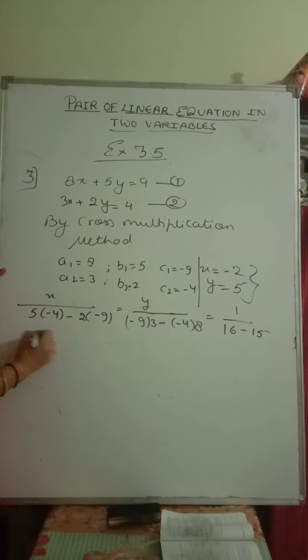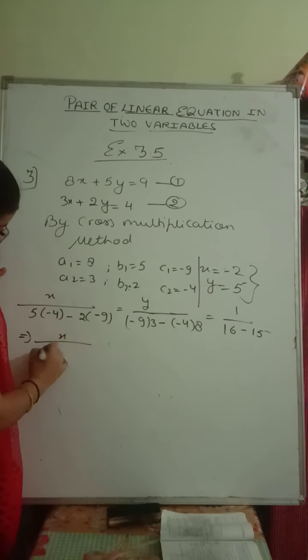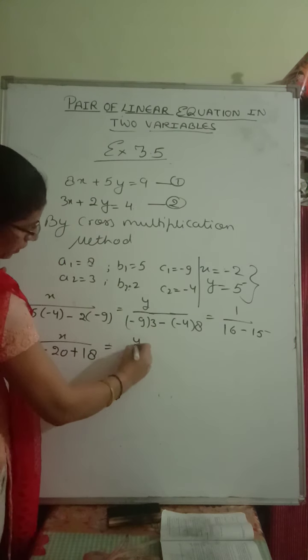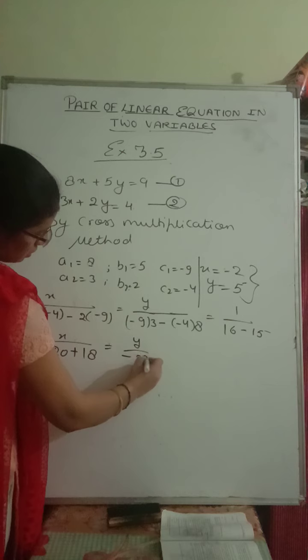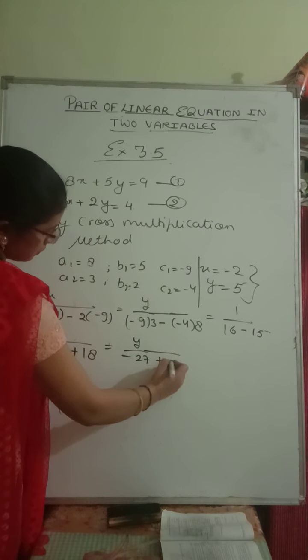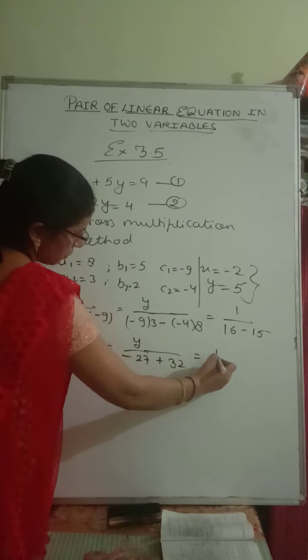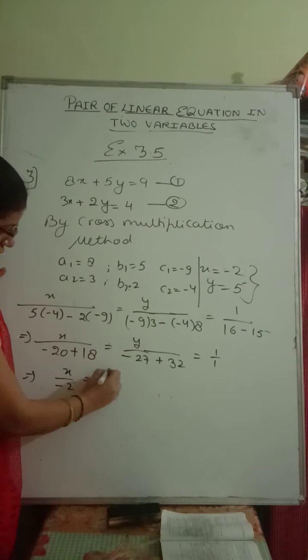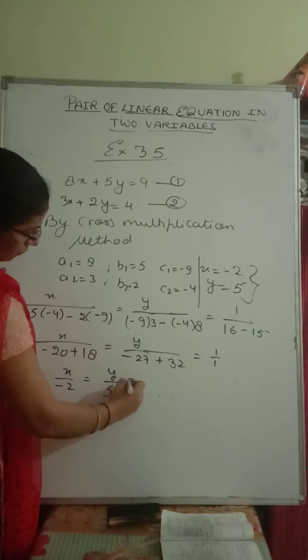So you will get x upon minus 20 plus 18 equals y upon minus 27 plus 32 equals 1 upon 1. So from here, x upon minus 2 equals y upon 5 equals 1.